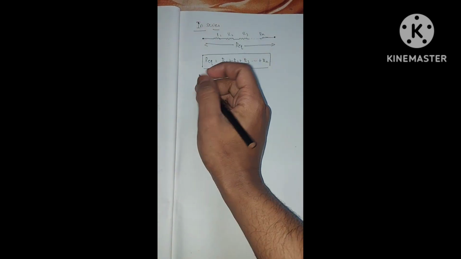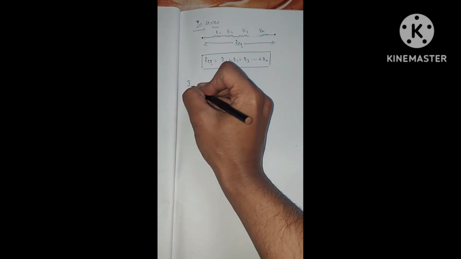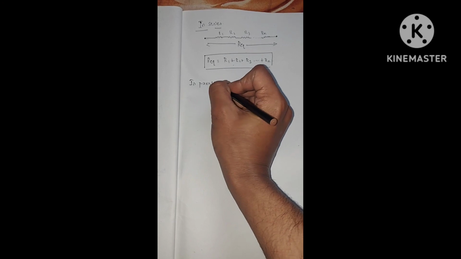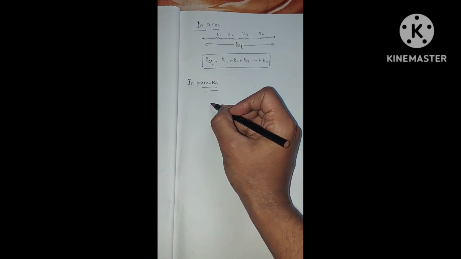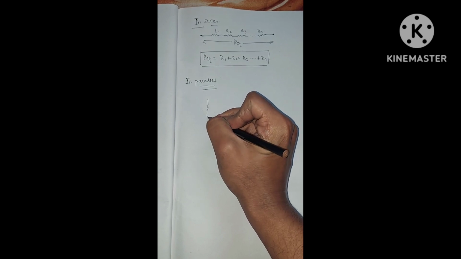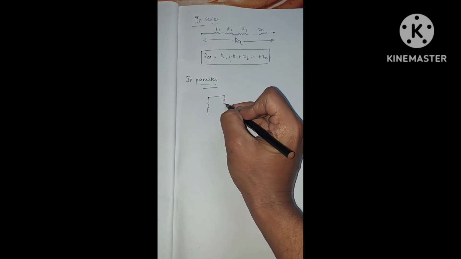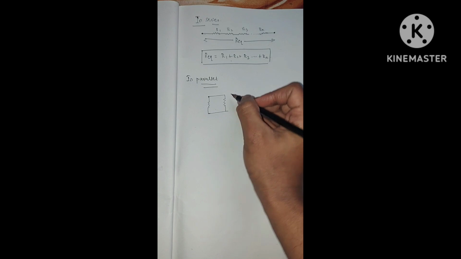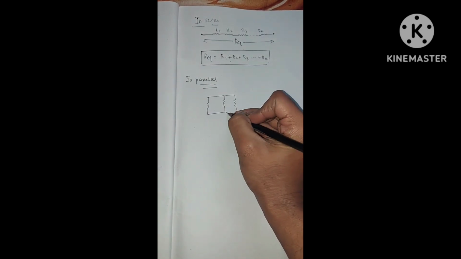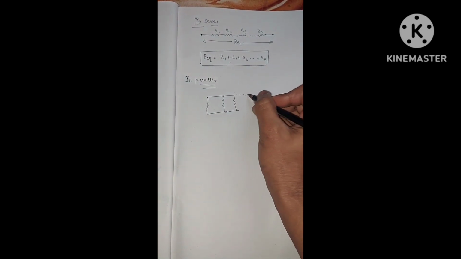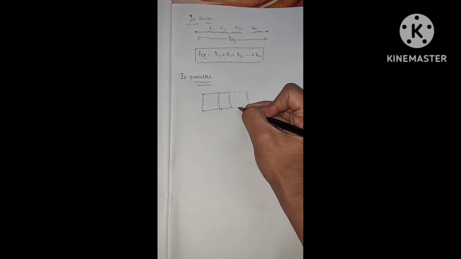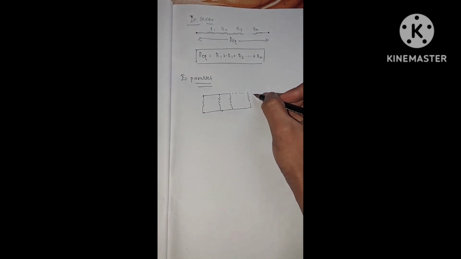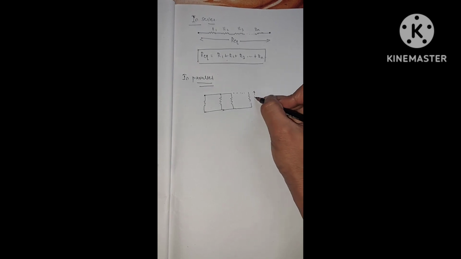Okay, now in parallel, for example, how we denote the resistors in parallel, like this. One resistor is there. So this resistor is parallel to this. Again, I am taking one more resistor parallel to this, then dot, the n number of resistors which are connected in parallel, like this. So what will be the total equivalent resistance along these two terminals, Req?